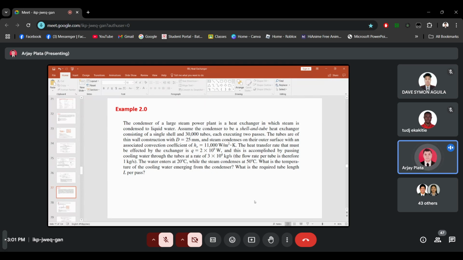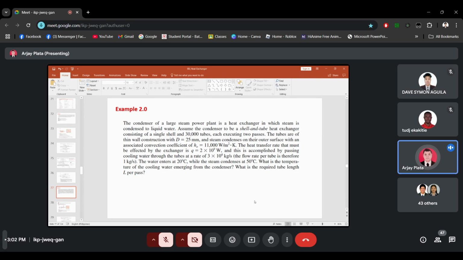Assume the condenser to be a shell and tube heat exchanger consisting of a shell and 30,000 tubes, each executing two passes. The tubes are of thin wall construction with D equals 25 mm, and steam condenses on their outer surface with an associated convection coefficient of HO equals 11,000 watt per square meter Kelvin.